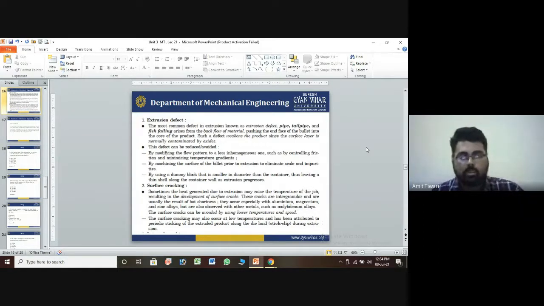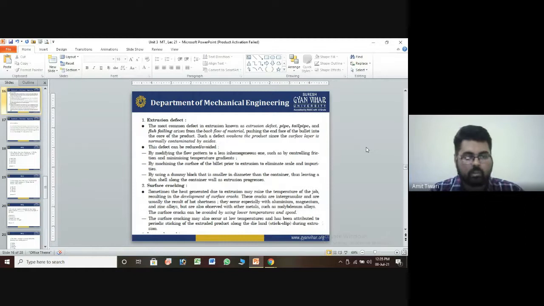The second is surface cracking. Sometimes the heat generated due to extrusion may raise the temperature of the job, resulting in the development of surface cracks. These cracks are intergranular and are usually the result of hot shortness. They occur especially with aluminum, brass and zinc, but are also observed with other tool materials such as molybdenum alloys and tungsten alloys.